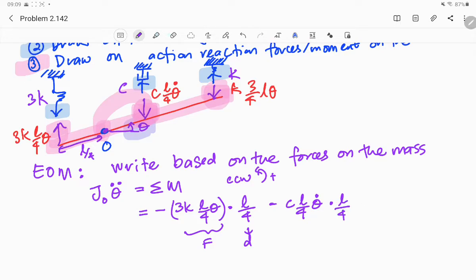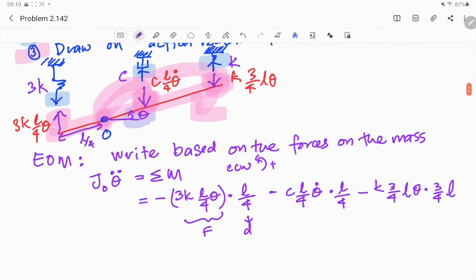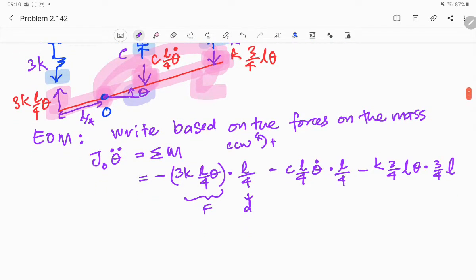Same with the k. You go from this point to the arrowhead, so it is clockwise, and it's the same, negative k times 3/4 L theta times 3/4 L. Everything has to be multiplied by the distance.